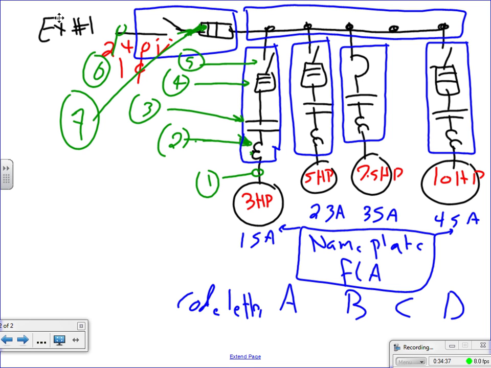The code letter for each of these motors, A, B, C, D. Just pick them up. Cool, everybody understand what the system is? What do we need to do? We need to size it twice, once based on the calculator, and a second time based on calculation by the code. I will write the name of the equipment as we go.